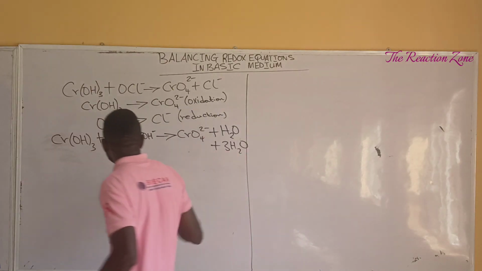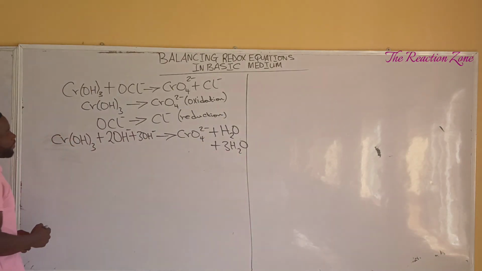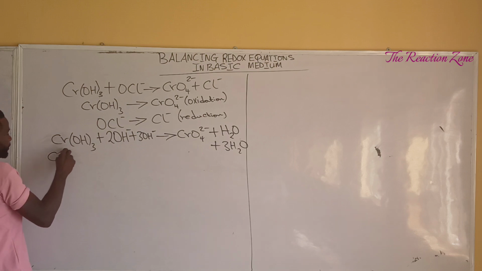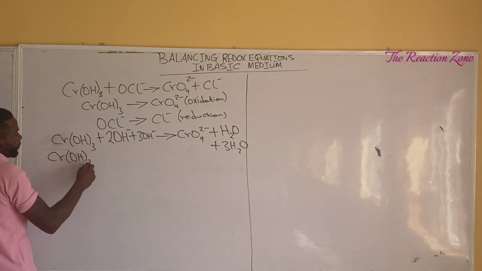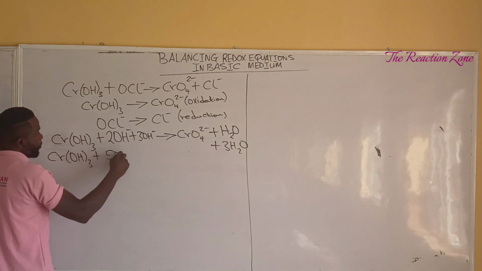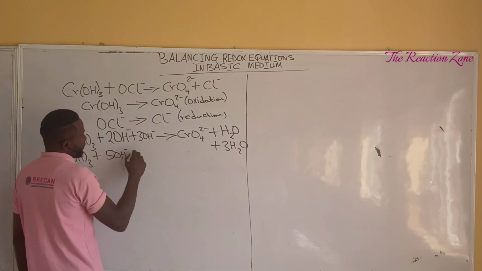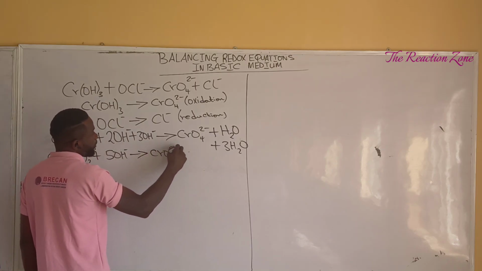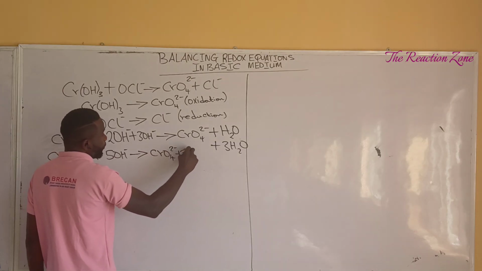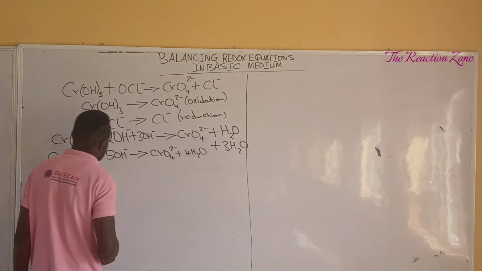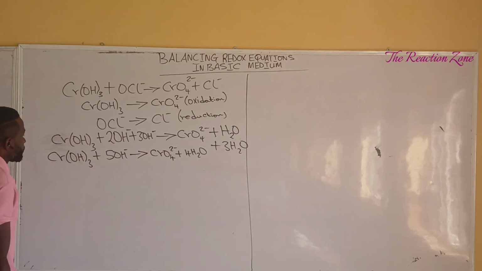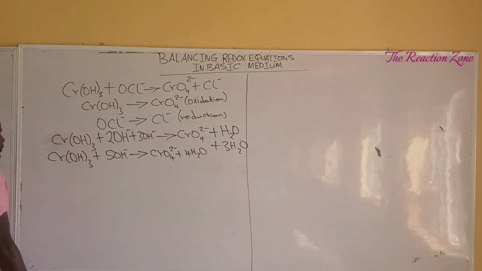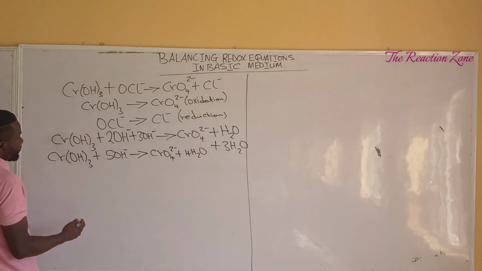So let us rewrite this particular equation. This will be CrOH3 plus 5OH minus is going to give us CrO4 2 minus plus 4H2O. So the next thing to do at this point now is to ensure that the charges on both sides are balanced.